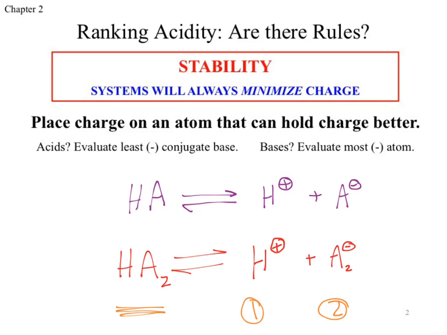So what we want to do is look at our A. What is A in both cases? Our purple A versus our red A. Can we come up with a name for that so I can stop calling them A's? It is the conjugate base. Why is it a conjugate base? So we can look at a couple options.